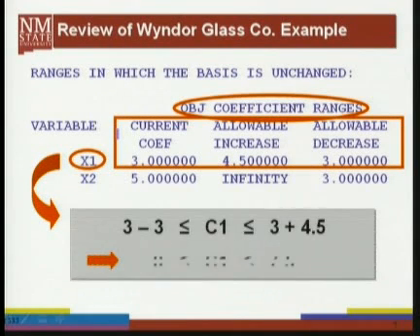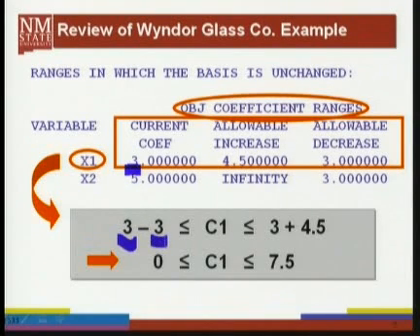So the allowable range to stay optimal for the objective coefficient of the x1 variable, for example, can be obtained. That is, C1 must be greater than or equal to 3. This 3 is the current coefficient value from here, minus 3. That is the allowable decrease limit from here, right?